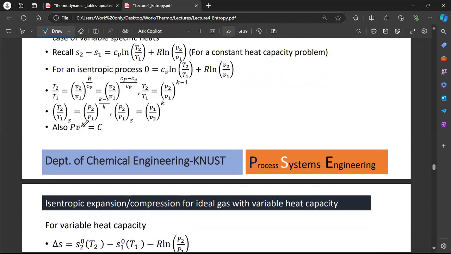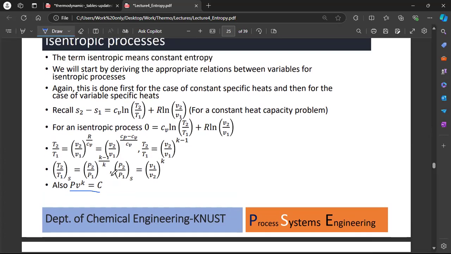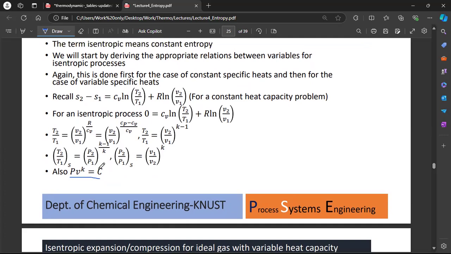Now, one other thing to take note of is the fact that PV to the power k is equal to C. We saw this when we were dealing with polytropic processes, where PV to the power n is equal to C. What we are saying is that from this relation, we can derive this.